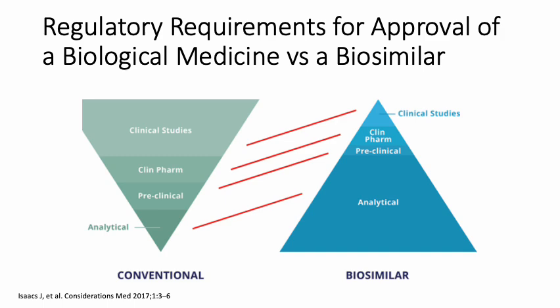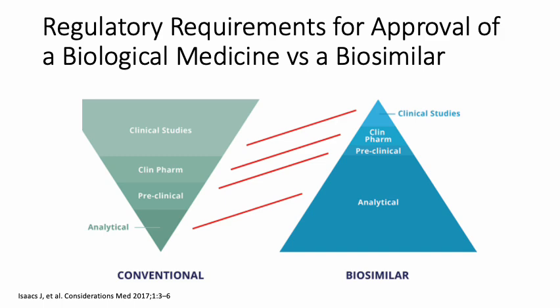The same scientific principles that have been in use over the last number of decades to confirm the similarity of a biological medicine before and after a change in the manufacturing process are used for the purpose of demonstrating the similarity of a biosimilar to the reference medicine. This involves comparability studies and extrapolation of indications.